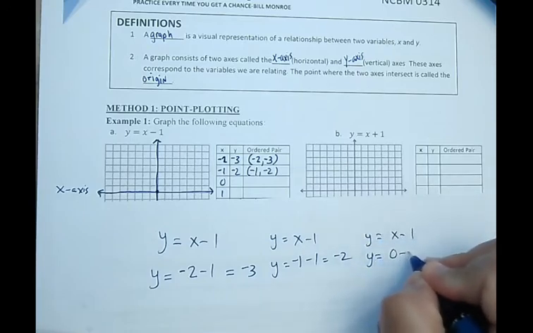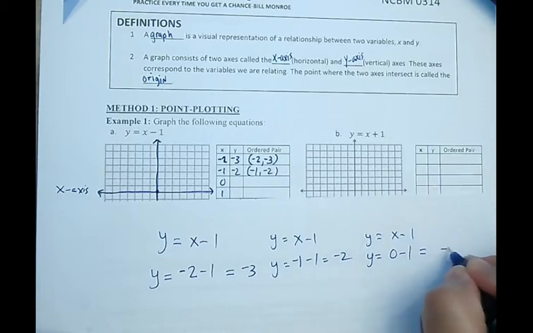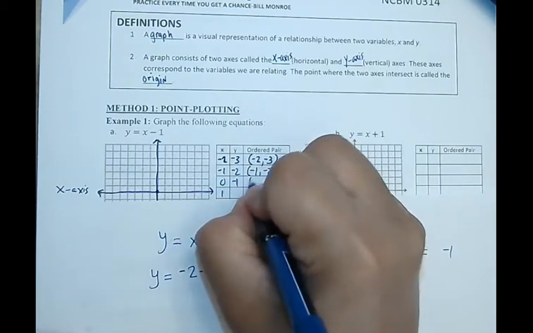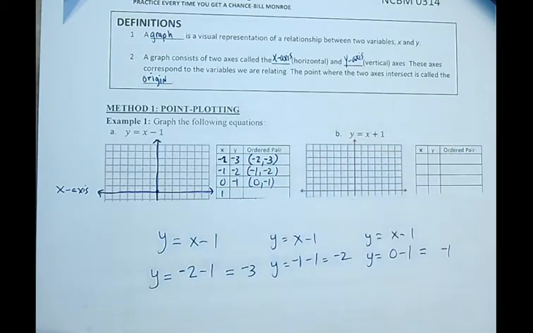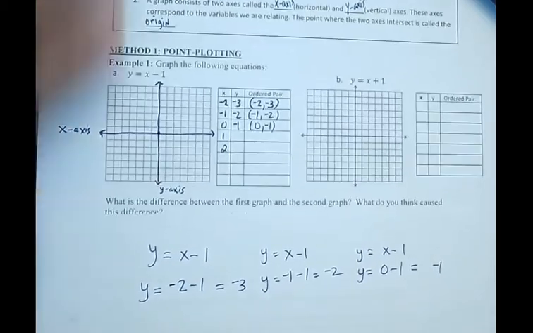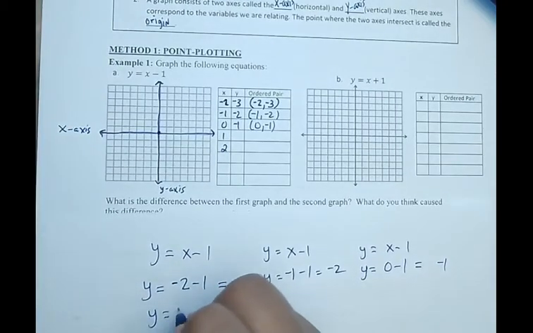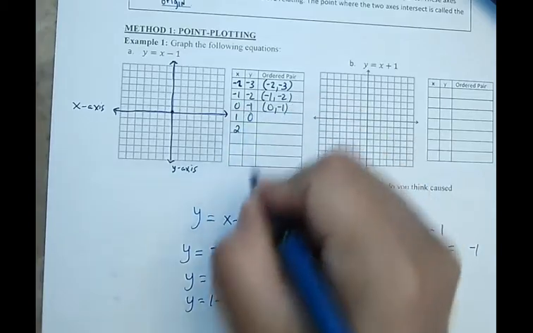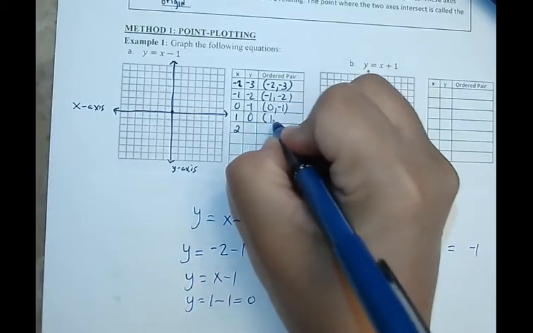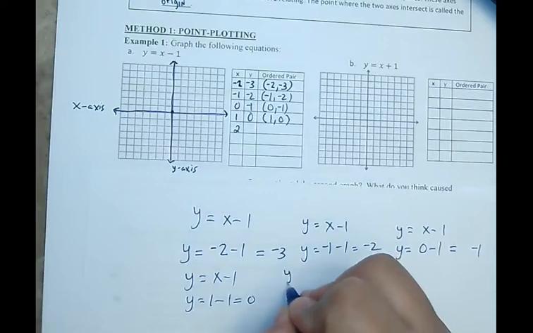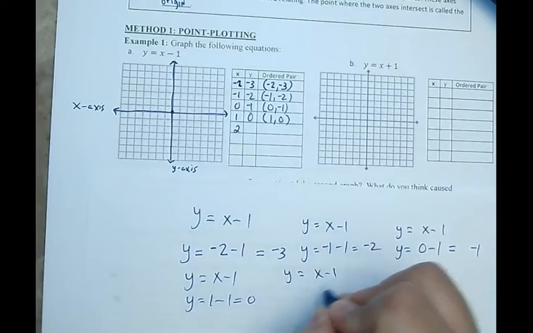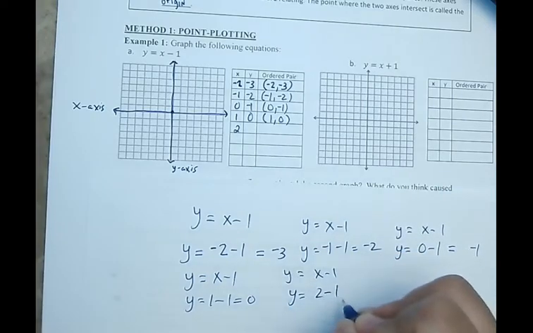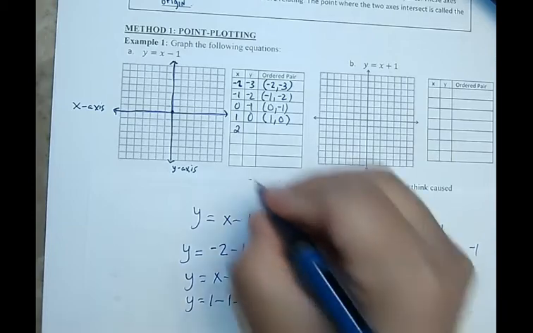So x is 0 minus 1, and that's going to give us a -1. And we try x equals 1. So that's going to give me a 0. So my ordered pair is 1, 0. And the last one is when x is 2. 2 minus 1 is 1.